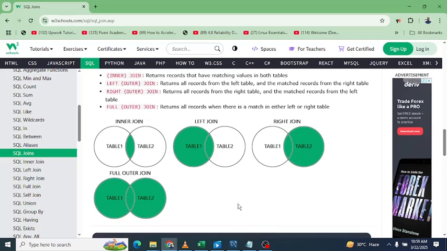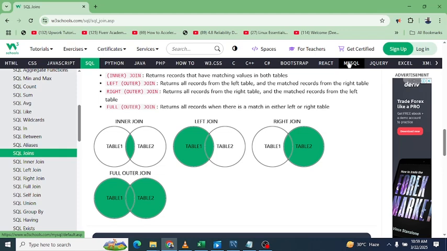But if you are dealing with SQL generally, you have the implementation of SQL in different database management systems like Oracle, MySQL, Microsoft Access, and so many others. In this case, there's a little difference.